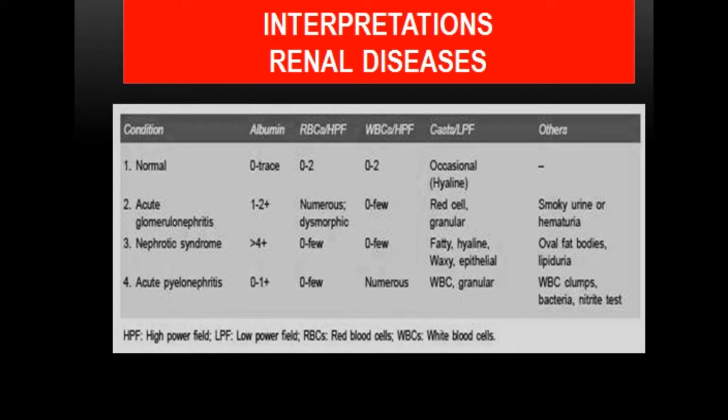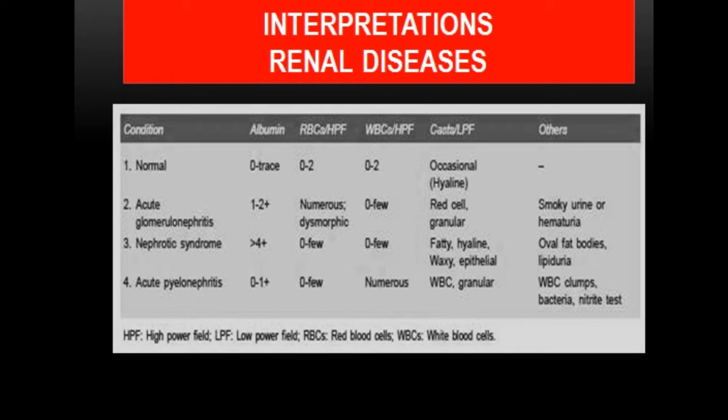Then we have acute pyelonephritis, as we discussed earlier. Pyelonephritis is damage to the kidney, basically inflammation of the kidney. The kidney cellular structures are inflamed, so there is no albumin or very little, or plus 1 albumin. RBCs are also not there, and WBCs are numerous, because acute pyelonephritis basically occurs in case of urinary tract infection.